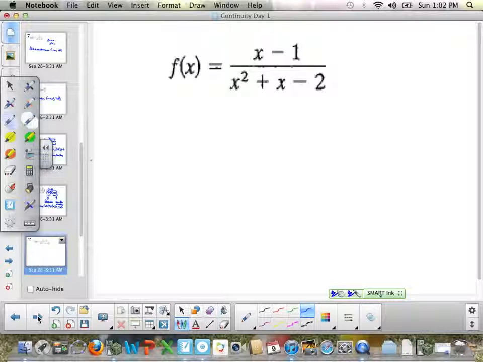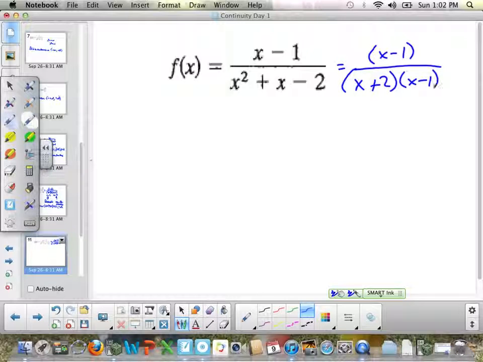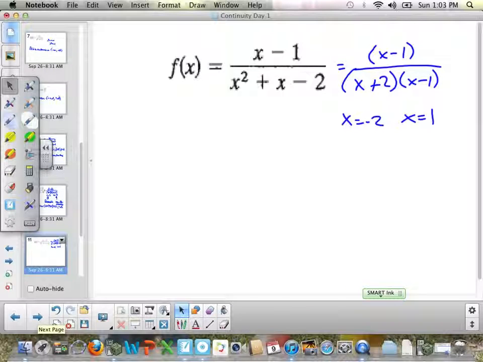You can see when you factor, we get x minus 1 top, x plus 2, x minus 1 on the bottom. You can see we have discontinuities at negative 2 and 1. We can see that 1 is removable and negative 2 is not. You can write the interval notation out on your own and ask me about it in class.